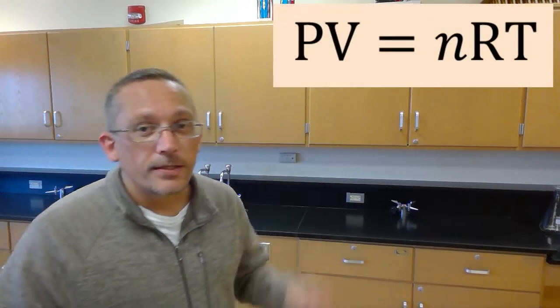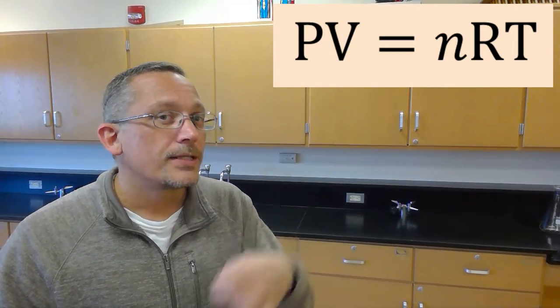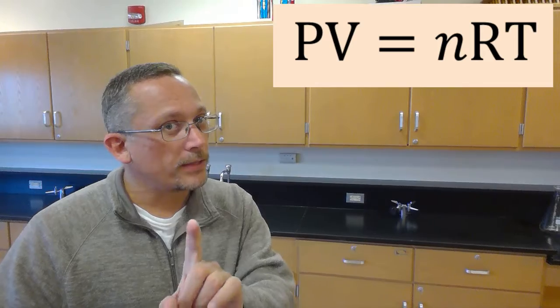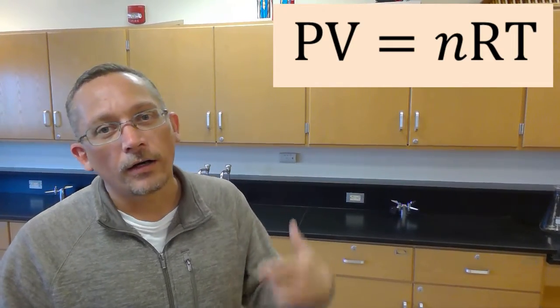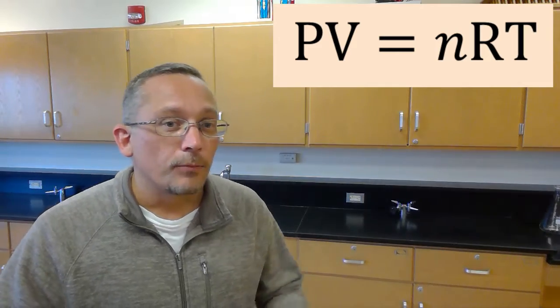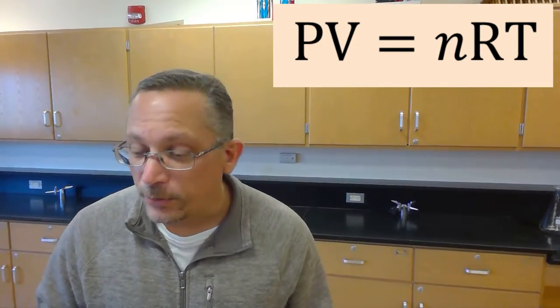Now, here's the ideal gas law. It says that the pressure times the volume equals n, the amount, times R, which we'll talk about in a second, times the temperature, right? So PV equals nRT. Obviously P for pressure, V for volume, n for amount, T for temperature, but what is this R? This R is what's called the gas constant.